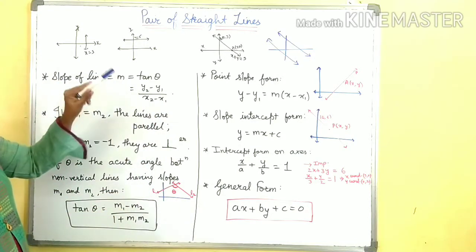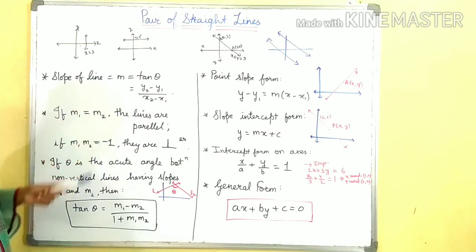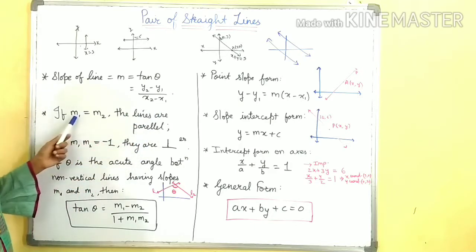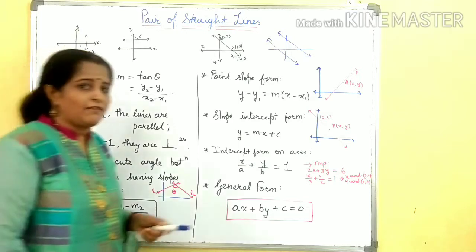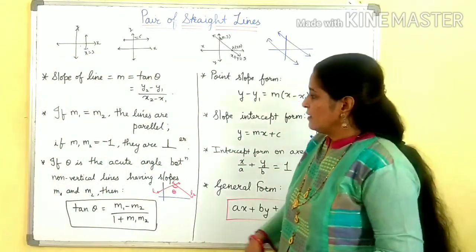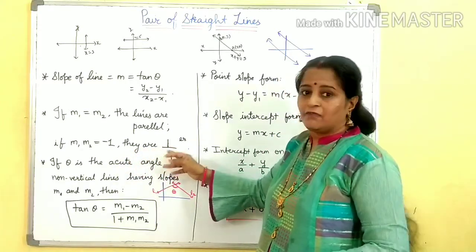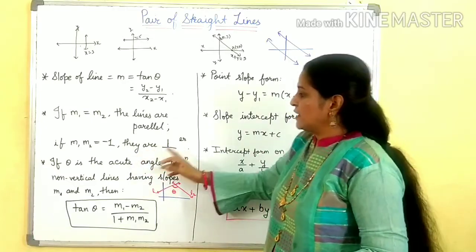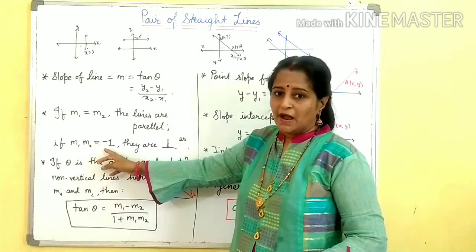Now here we consider a pair of lines. So these two formulas are most important. If lines are parallel, then m1 is equal to m2, that means the slopes of the lines are equal. If lines are perpendicular, this is the symbol for perpendicularity, then the multiplication of their slopes is equal to minus 1.